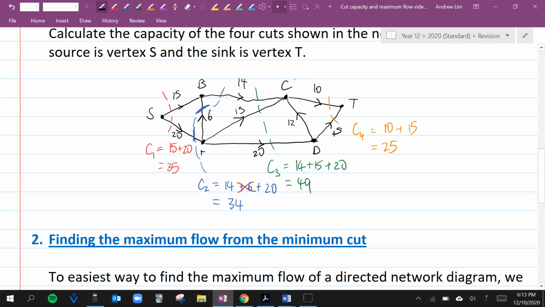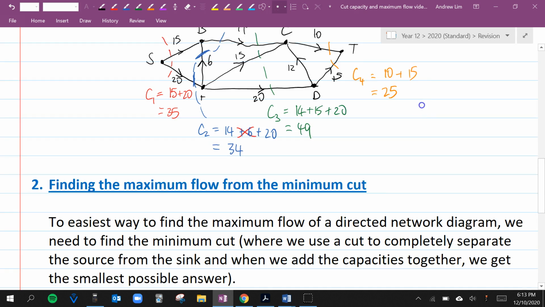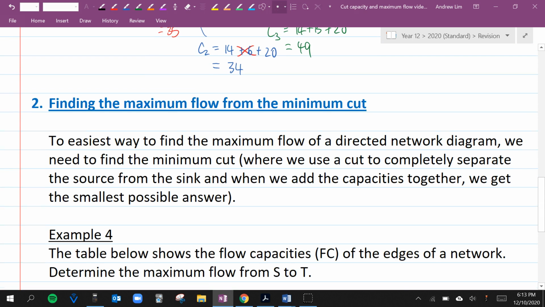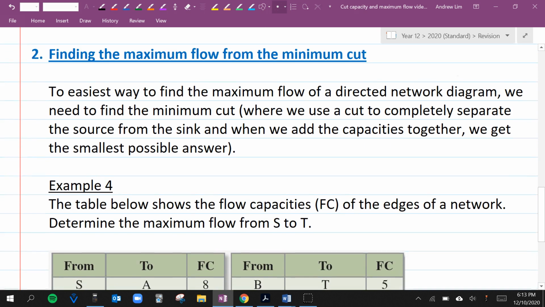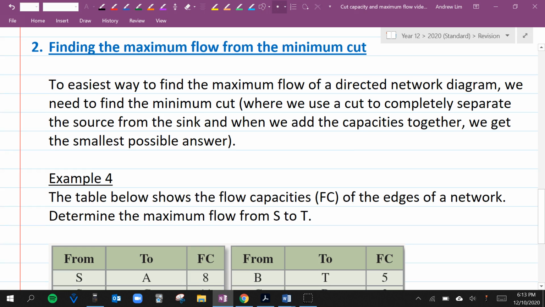Okay, so hopefully you have a better idea now of how to find the minimum cut, or to find a cut capacity, sorry. The reason why I've taught you how to work out the cut capacity is because we need to work out what the minimum cut is in order to determine the maximum flow.